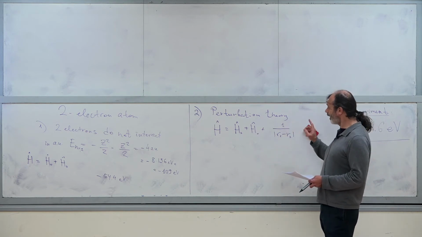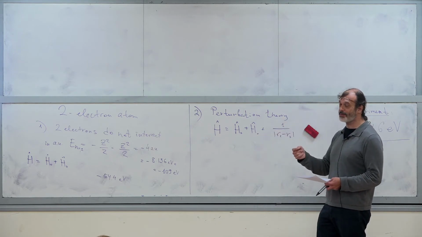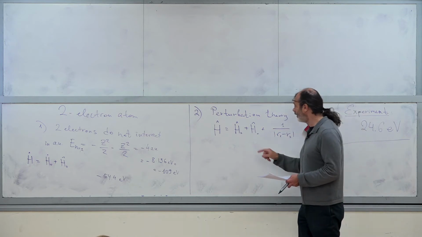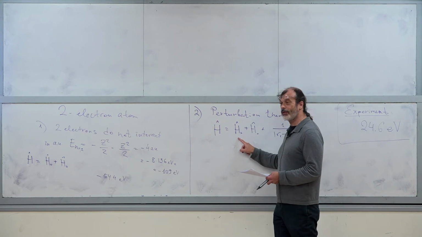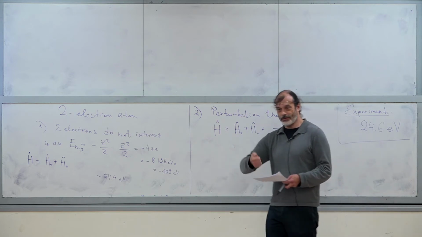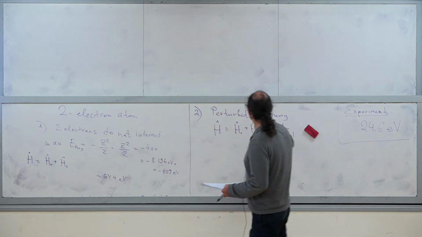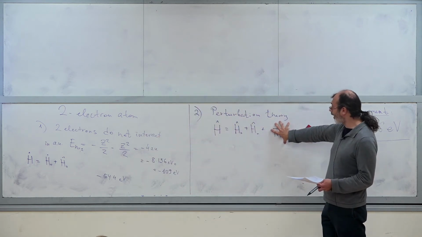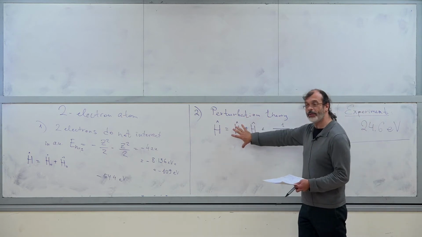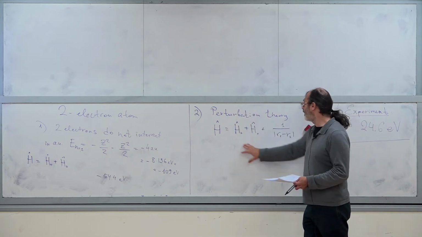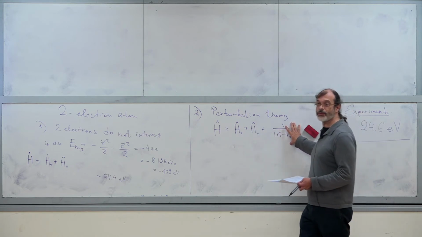But for now, we actually take this part and consider it according to perturbation theory. So what is the meaning of that? We say that these two parts of the Hamiltonian define the wave functions. So the wave functions stay as the wave functions of the hydrogen atom. And now we just take this part as a perturbation to this main Hamiltonian. And we just calculate it according to first order perturbation theory.